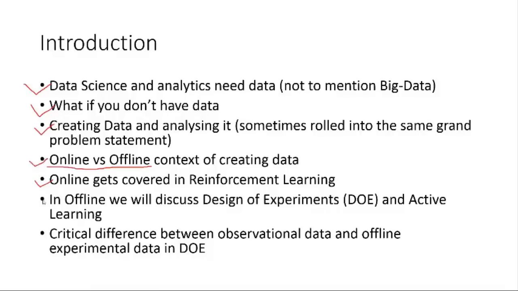Now, going forward, in this lecture and the next one, we are primarily going to talk about an offline setting. What do we mean by an offline setting? Just the opposite of the online, which means that the unit that we're experimenting on is not producing products that are going to go to the end user. So you can do this in many ways, right?